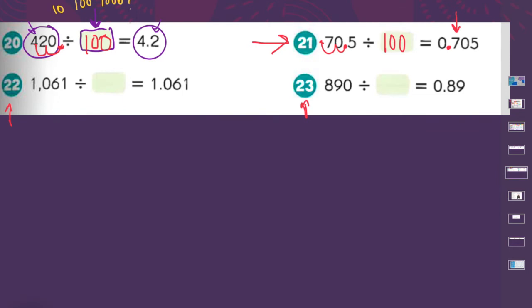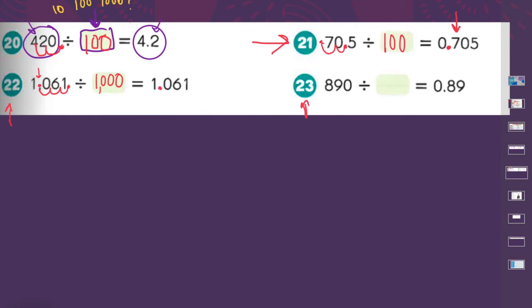All right, so on number 22, in our dividend, our decimal point is right after the 1. And you can see in our quotient, the decimal point has moved between the 1 and the 0. So if we move that decimal point 1, 2, 3 to the left, that means that we're dividing by 1,000.